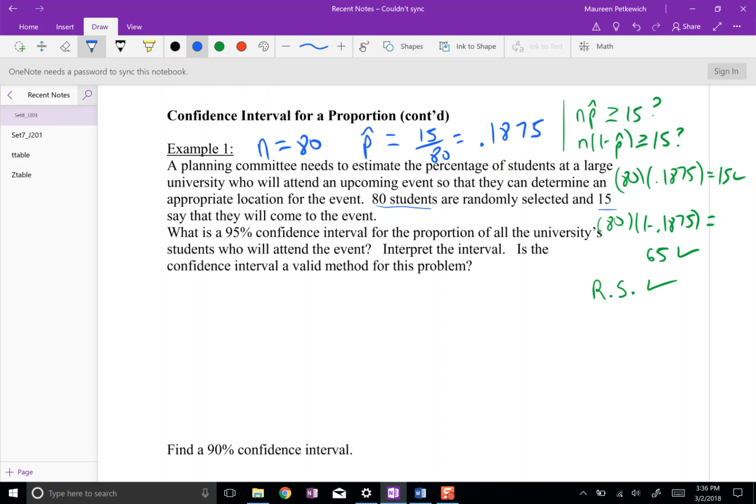And so I will just make a note here that the confidence interval is a valid method because, 1, I have a random sample that was given in the problem, and 2, n times p hat and n times 1 minus p hat are both greater than or equal to 15.